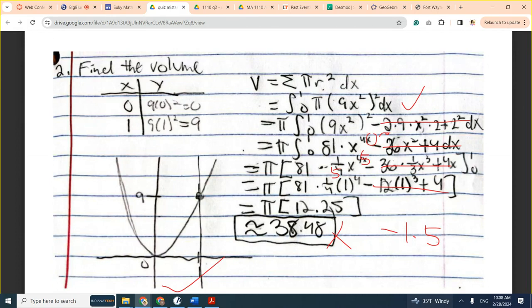We don't have this. If you have 9x plus 2 squared, if you have plus 2 here, or minus 2 here, then you get this. But you don't have this bit, right? So only one term, not 3 terms. And it's x to the 4.